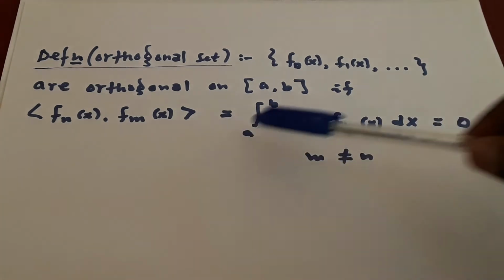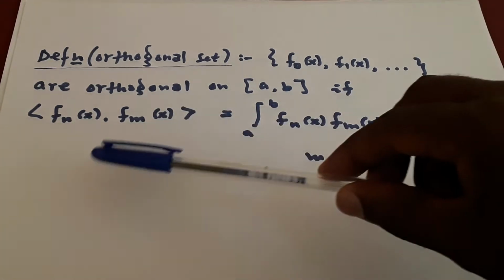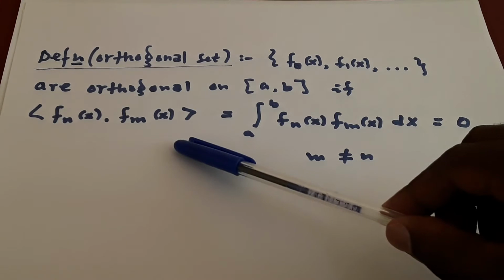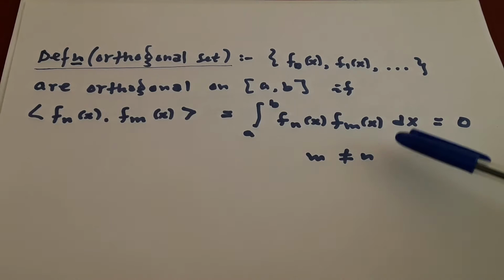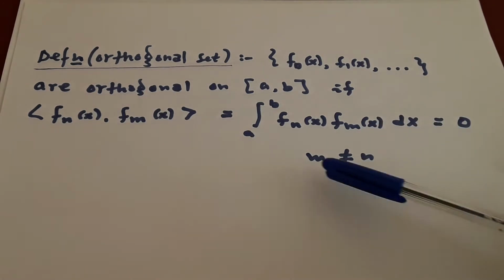That means the integral from a to b of fn of x times fm of x dx is 0 for m different from n. Otherwise it cannot be 0 if m equals n, in which case the functions are identical. Unless the function is 0, it could not be orthogonal to itself, like I mentioned before. That's why we intentionally restricted m different from n.